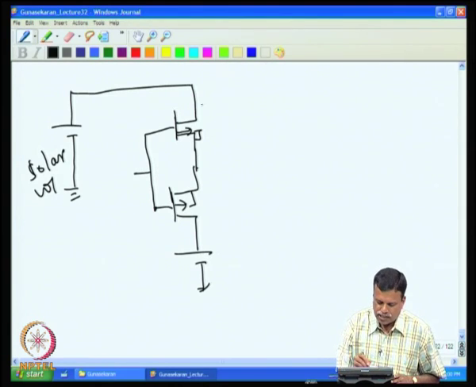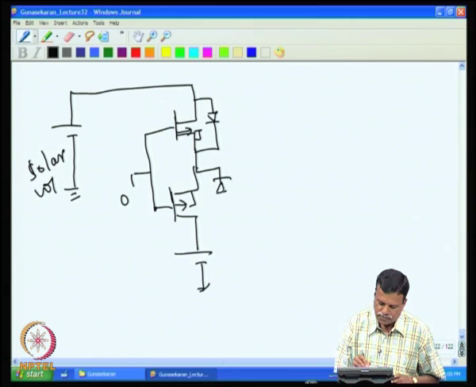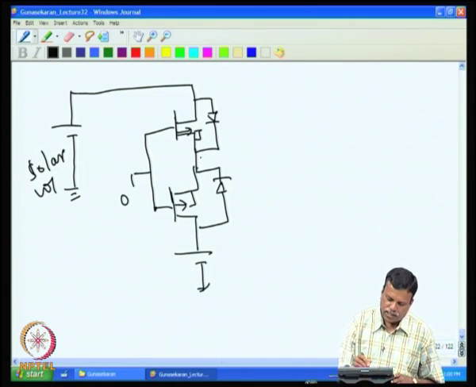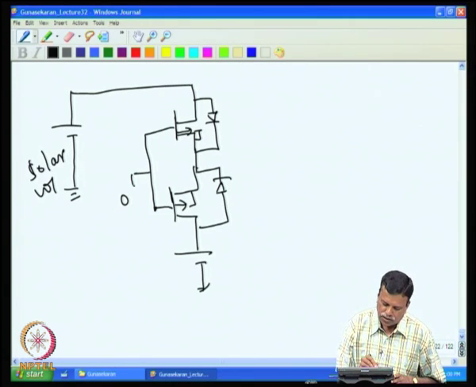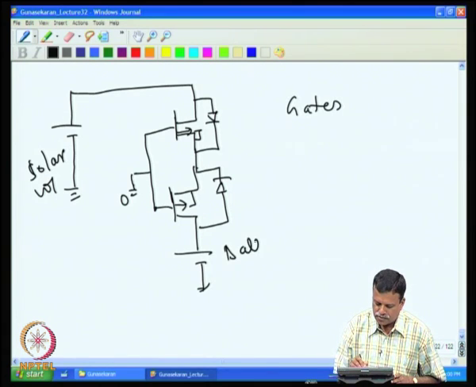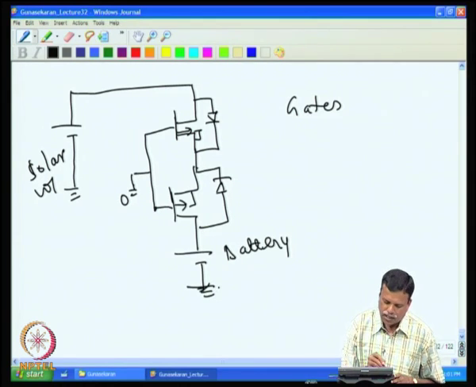If I want to charge the battery, I will keep this one at 0, and we know that there is a body diode. So, when the gates are kept at 0, this is the battery, and this is the solar panel.